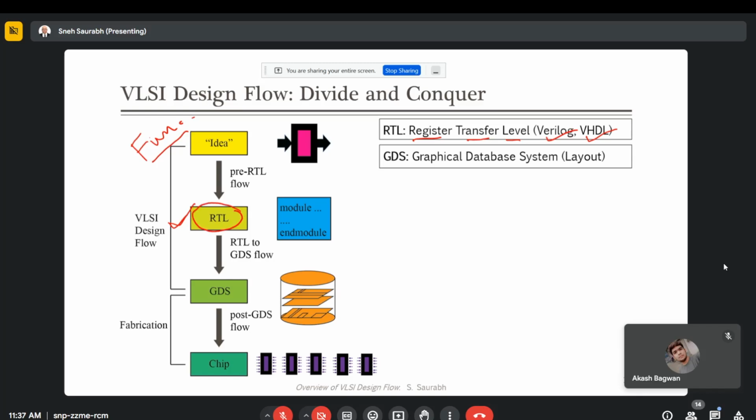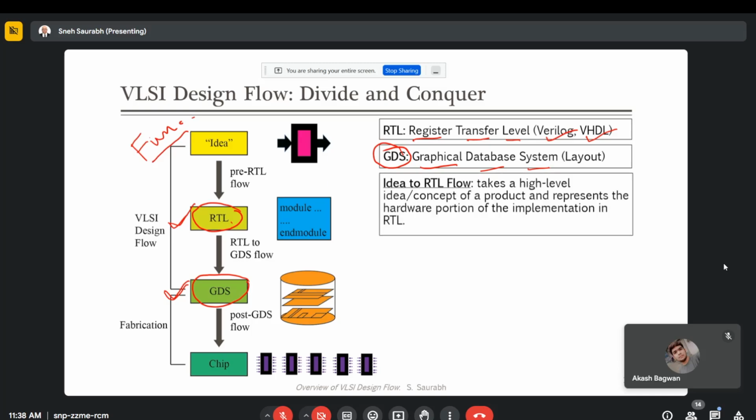And then we convert this RTL to the layout, and this layout is represented using a database which is known as graphical database system, or GDS, right? So these are two very important milestones in the design flow. One is the RTL, the final is the GDS or the layout. Before obtaining this RTL, what we have is known as the idea to RTL flow or system level design, right?